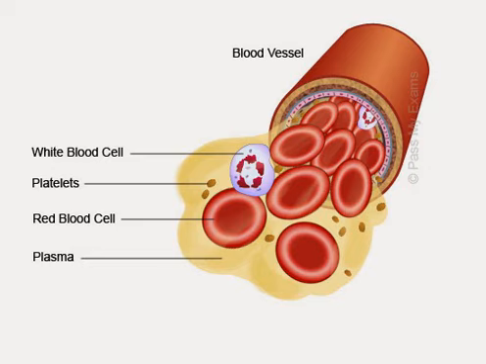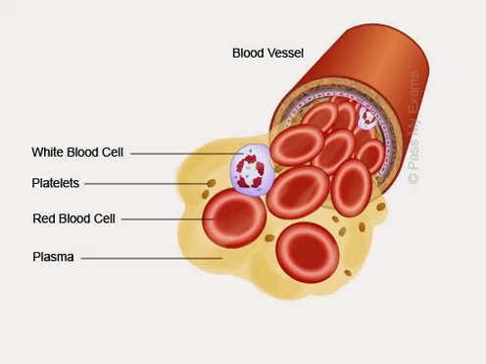Okay, now we have allergy and hypersensitivity. We have allergic reactions, which are anaphylaxis, urticaria, hay fever, asthma, and rhinitis. Allergy is an excessive or hypersensitive response of immune cells to antigens, which results in those allergic reactions.